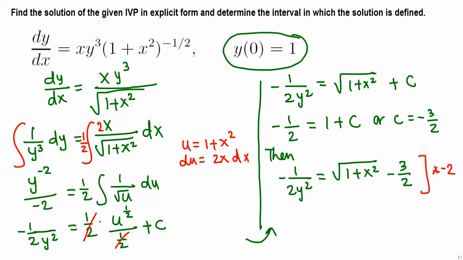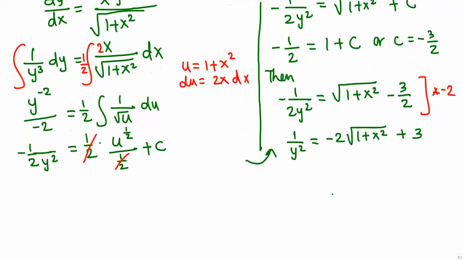Okay, multiplying by negative 2, the negatives cancel, so we get 1 over y squared equals negative 2 times the square root of 1 plus x squared, plus 3. Okay, we need to solve this equation for y.